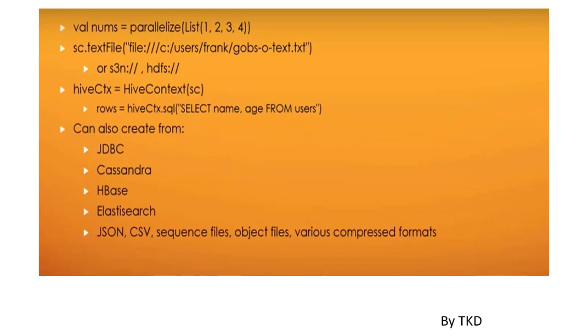Now let's have a look at some examples. In this example, we are hard coding a list of integer values 1, 2, 3, 4, and using the parallelize method to create an RDD out of it. This is a very small example; if you can hard code a list of integers, then you probably don't need big data for it.